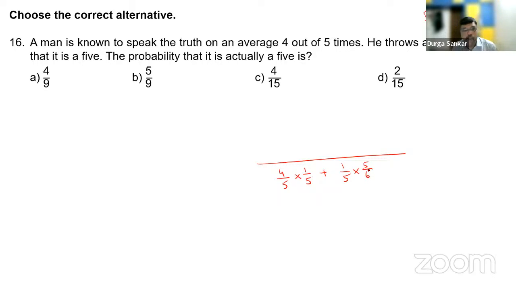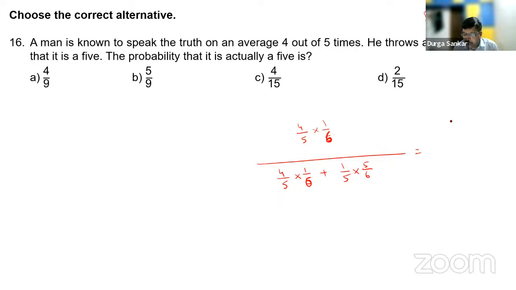Now this is the total probability, but I want the probability that it is actually a 5. Now it's actually a 5 means the man is speaking the truth and it is actually a 5. 4 by 5 into 1 by 6 plus 1 by 5 into 5 by 6.